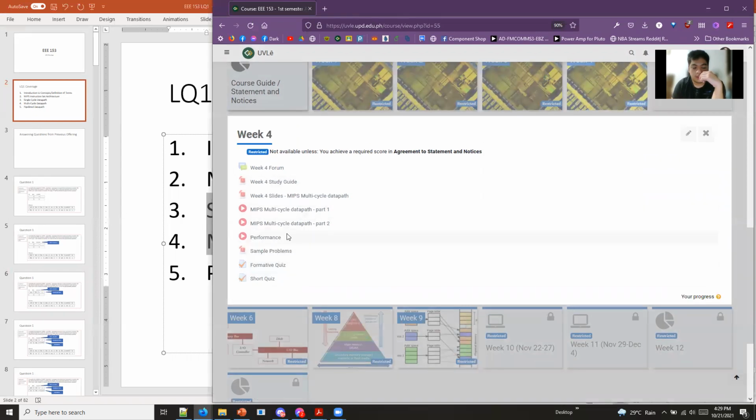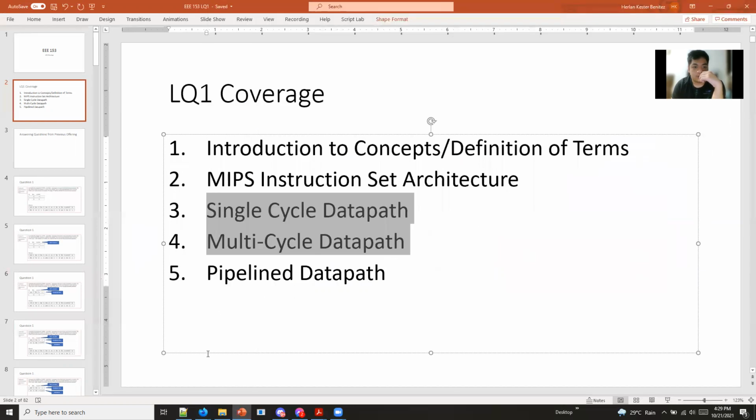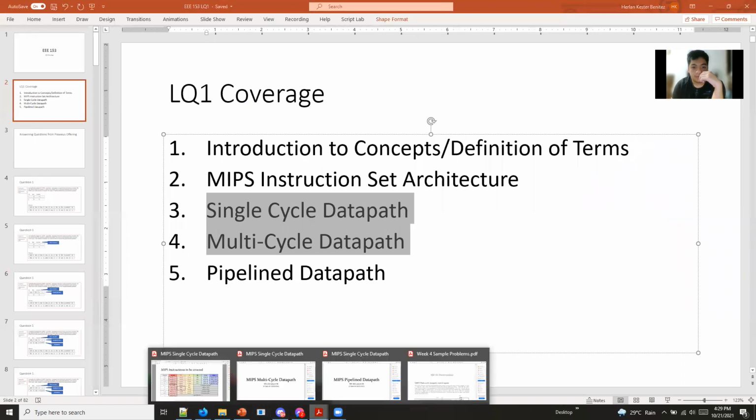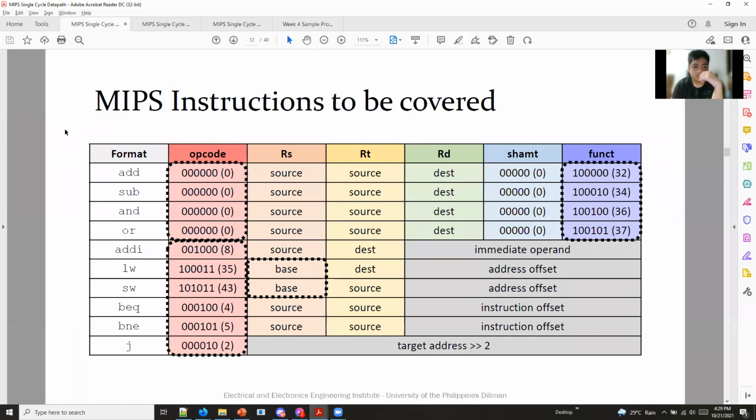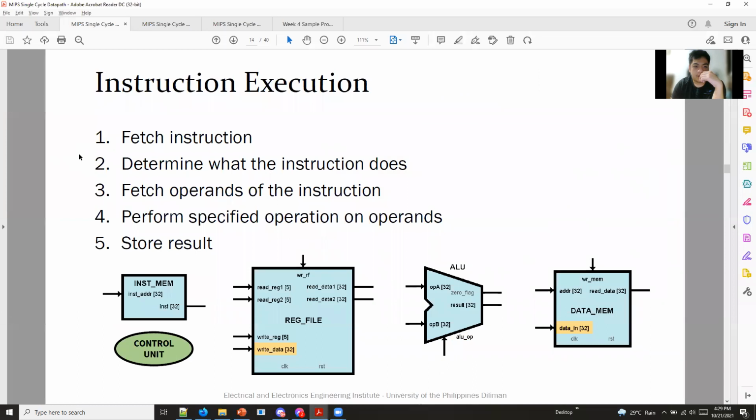Medyo related naman kasi ang multi-cycle sa single cycle. Usually, kino-compare natin sila to each other. Pero yun, to give a short rundown, let's just define that yung ating data path is yung flow ng ating data to execute the instruction.